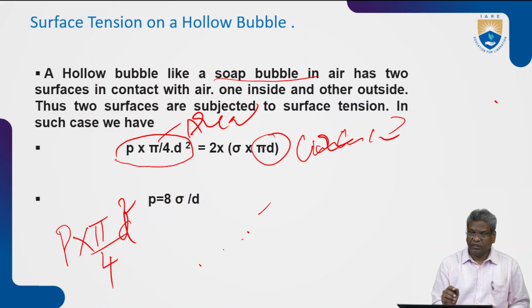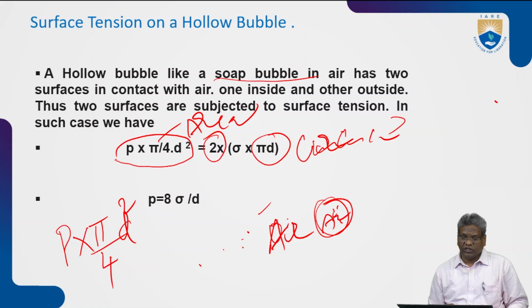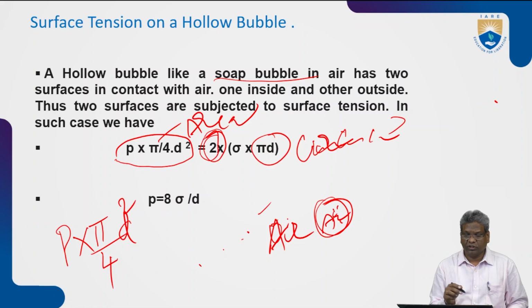Why did we write 2 here? Because on the soap bubble, inside is also air and outside is also air. So this is the layer which is exposed to two air surfaces. That is why we wrote 2 into sigma into pi d.